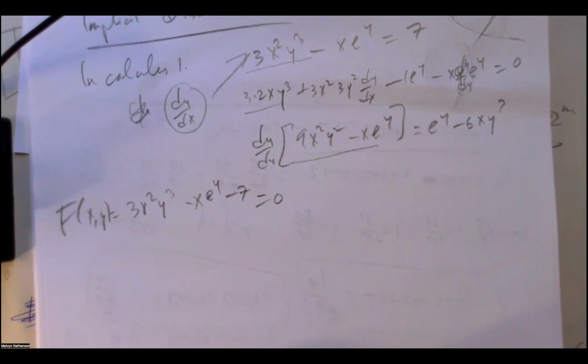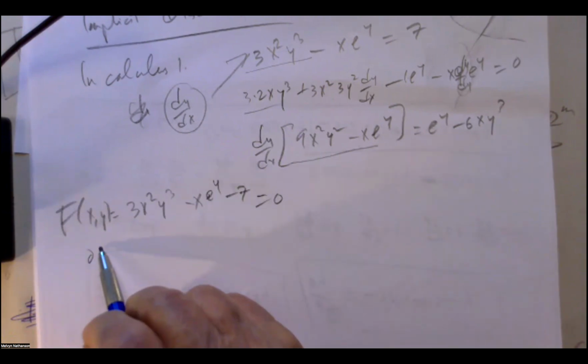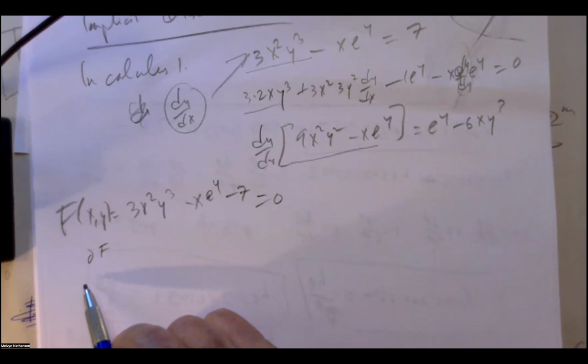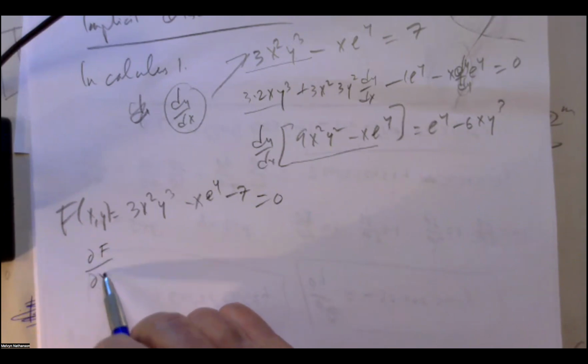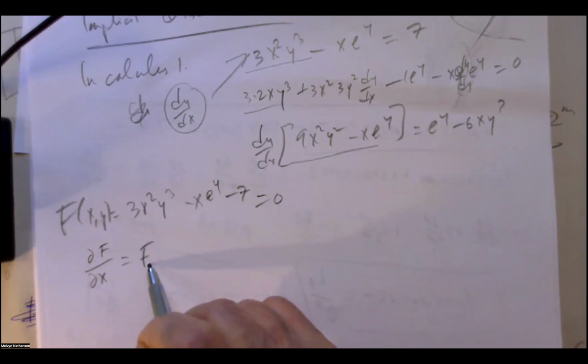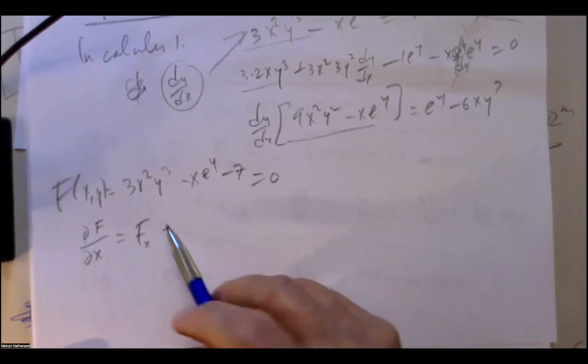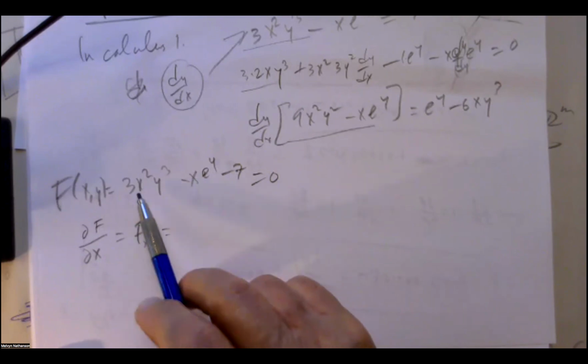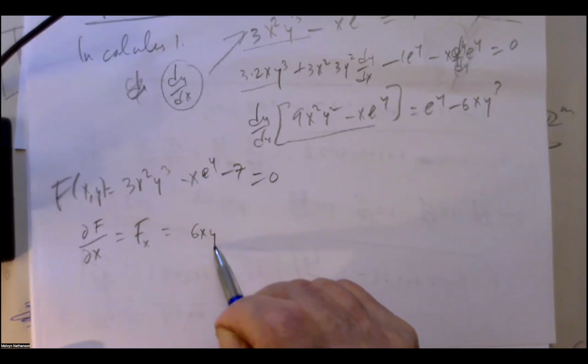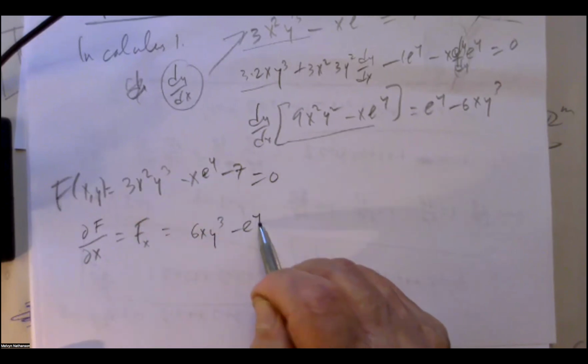Let's see. For this function, what is the partial of f with respect to x? This is sometimes written as f sub x. If I take the partial of f with respect to x, I get 3 times 2x, 6xy cubed minus e to the y.